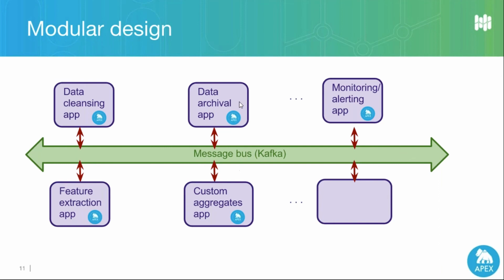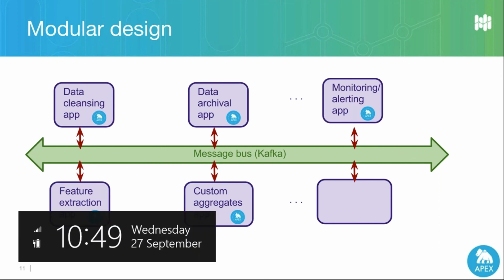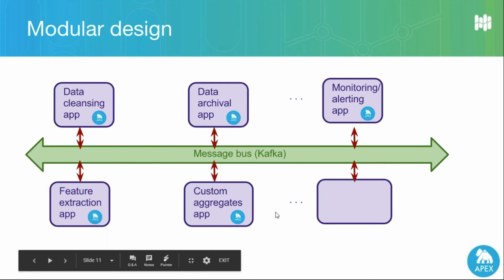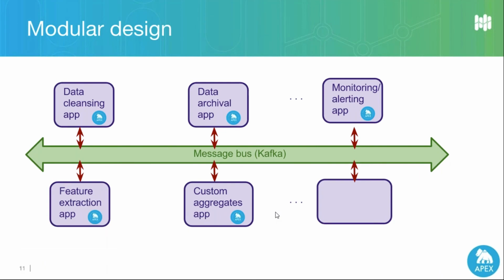Okay, so here is an example. Whatever we described earlier, let's say we have n number of services. Here I'm trying to call out some examples of services. You might have a data cleansing app which is just doing the cleansing of data. Then there could be another app which is doing feature extraction.